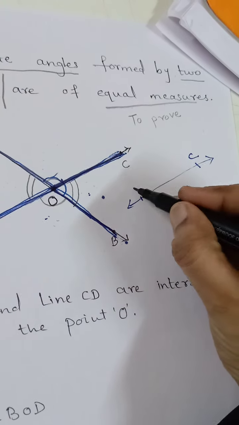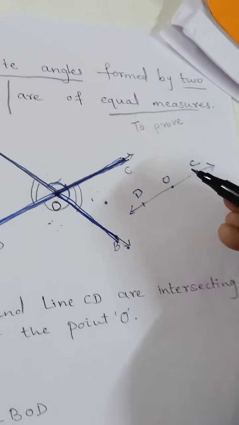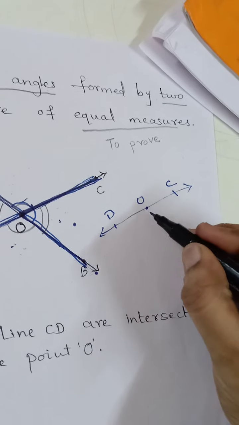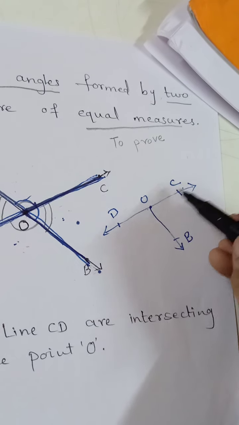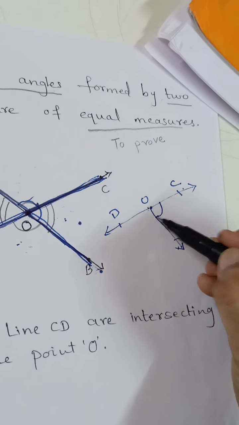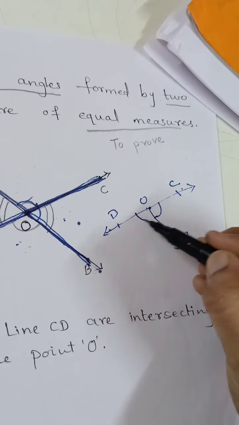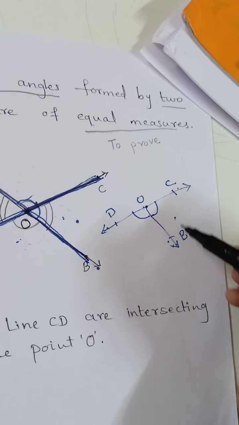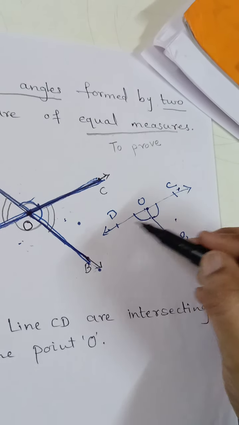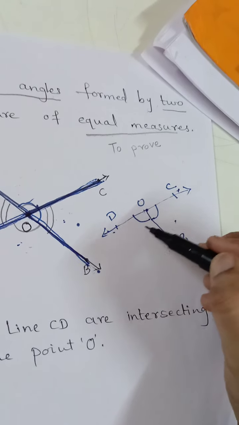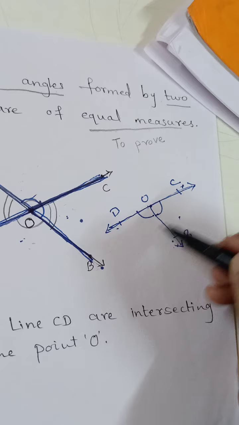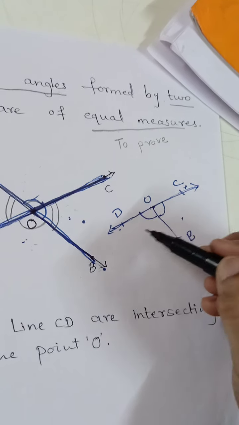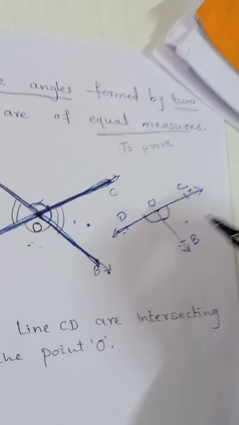Here point C, here point D, and here point A. So COB, somewhere here B is there. So angle COB and angle BOD, these two angles. First angle is angle BOC, second angle is angle BOD. Both are on a straight line, that is CD. So again these two angles are in a linear pair. So the addition of these two angles will also be 180 degrees.